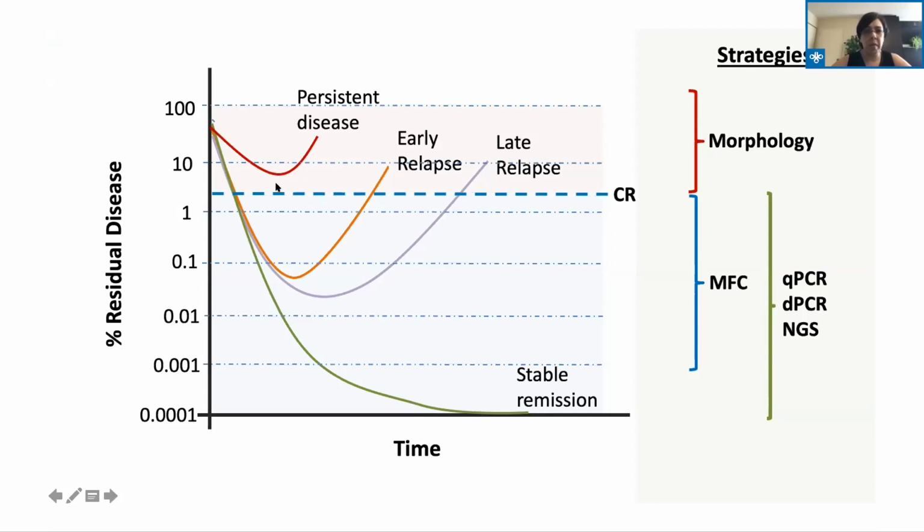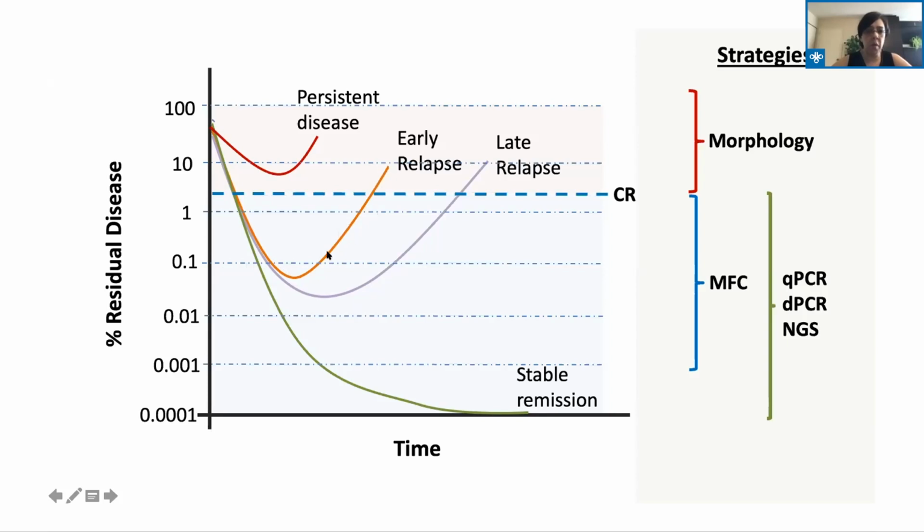If you use other methods such as flow cytometry, qPCR, digital PCR, or NGS, depending on how deep you make that assessment, your relapse will depend on how much disease you can actually measure. So if your method is only able to look at a molecule anywhere between 1 in 100 or 1 in 1,000, we are more likely to get early relapse.